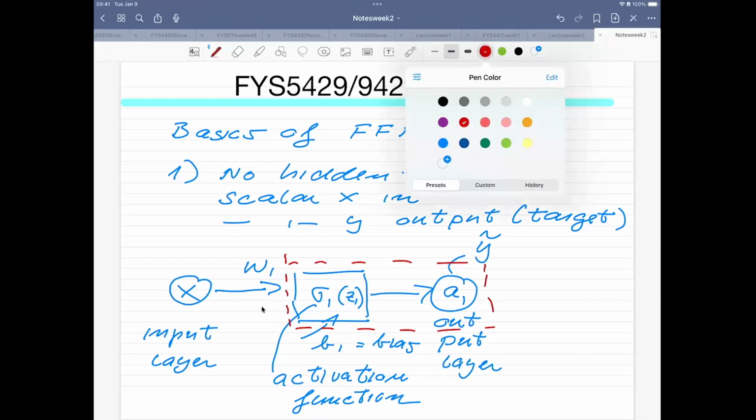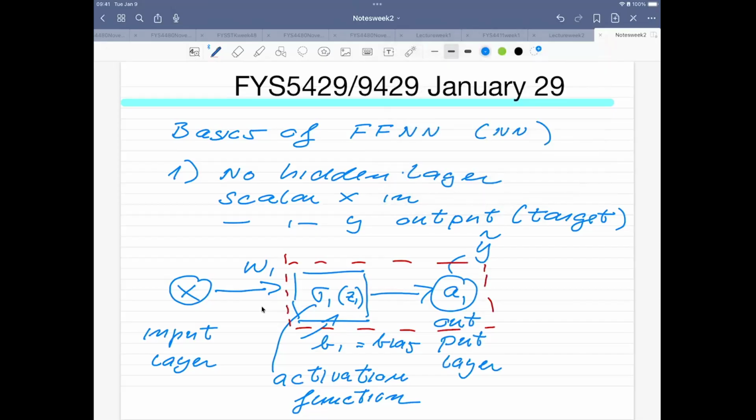Now, this output is then fed into what we call a cost function or loss function, which we use to assess the quality of the model, because this is compared with the target value, which we call Y. This is our target, which we want to reproduce.